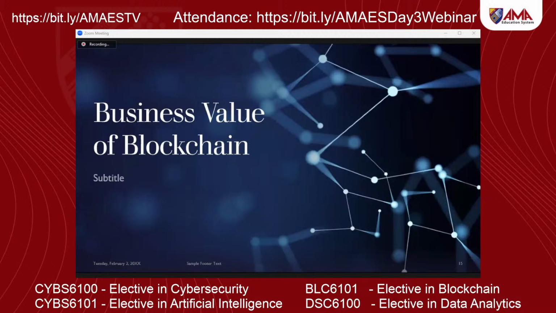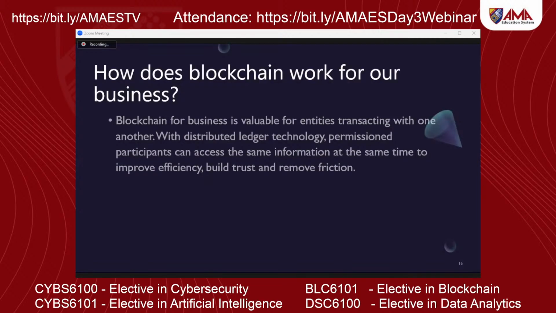The next, business value of blockchain. Okay, how does the blockchain work for our business? Blockchain for business value works for entities transacting with one another with distributed ledger technology.